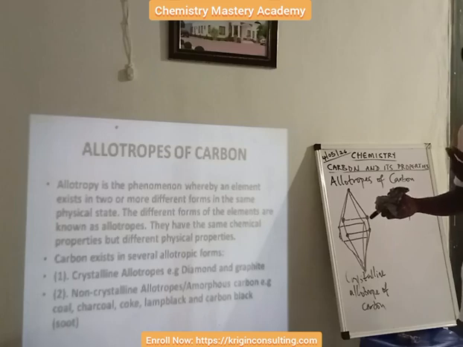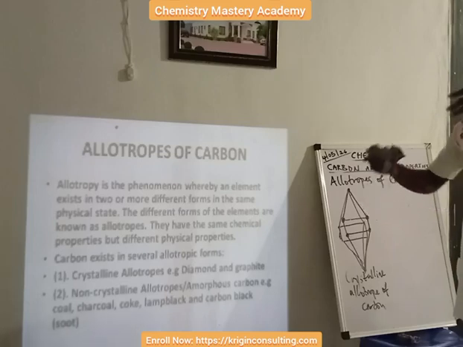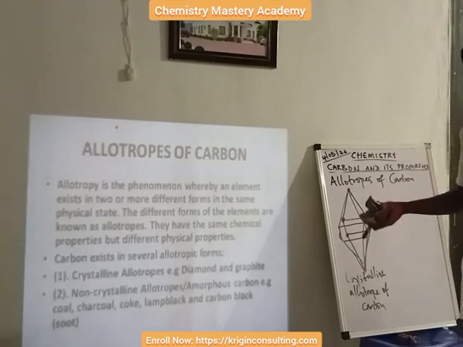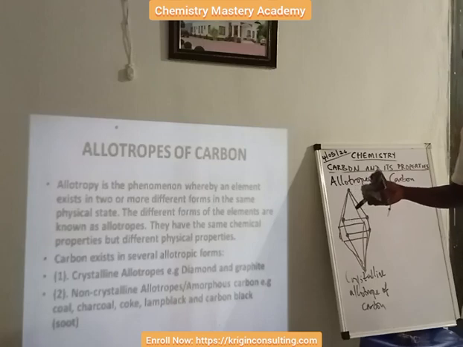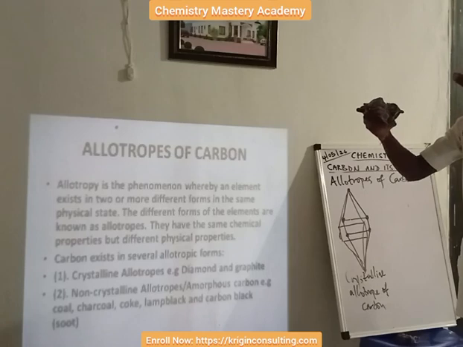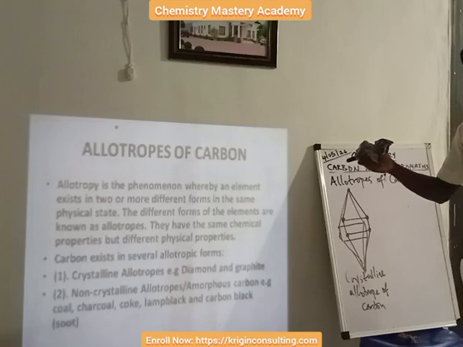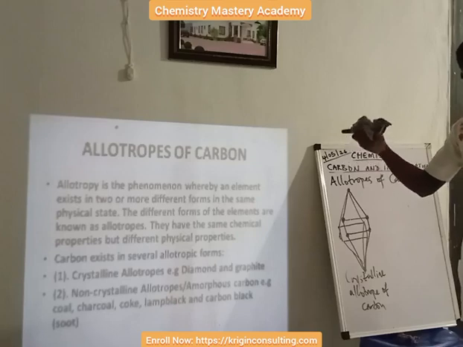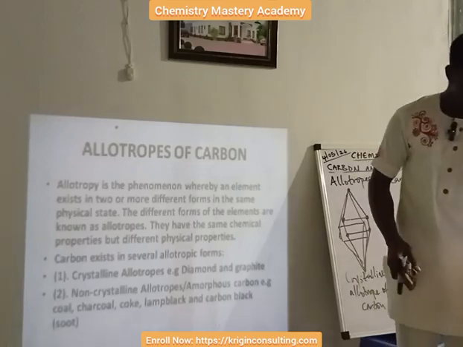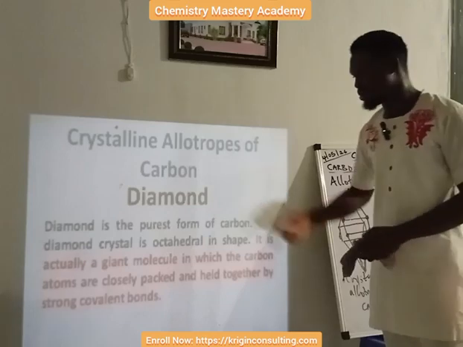When the particles are released into the air, they move in a haphazard manner. If you check your charcoal, when you burn the charcoal, what does it form? It forms some form of smoke, right? That moves in a haphazard manner, which goes to tell you that the particles are not arranged in a regular repeating pattern.